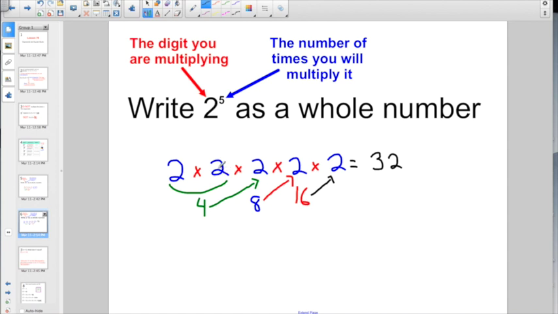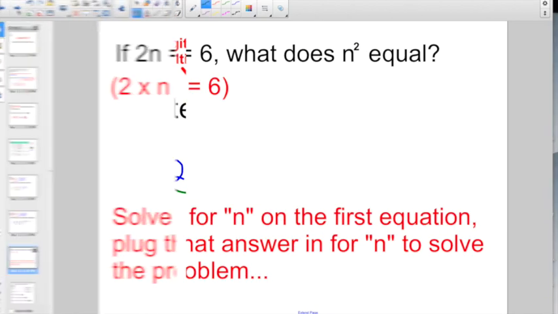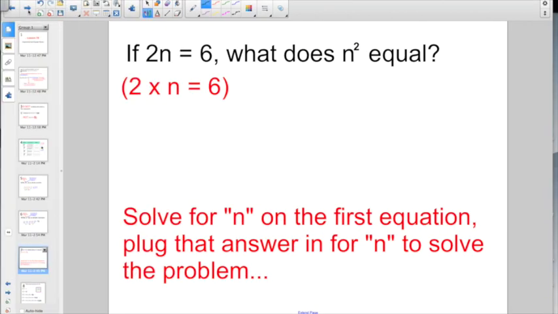The base is the number you are multiplying. The exponent is how many times you multiply that number together. So check this one out, kind of a variation on a regular concept. If 2n equals 6, what does n squared, or n to the 2nd power, equal?